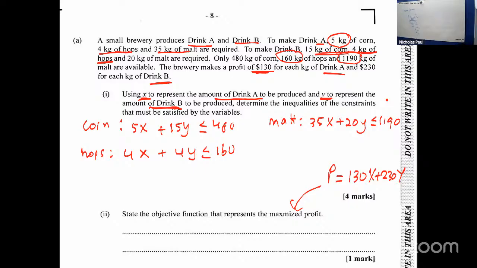So what I want you to do now is to draw each one of these. Just like Form 5. Plug in your x and y and then move it out. Sometimes they'll give you a scheme.